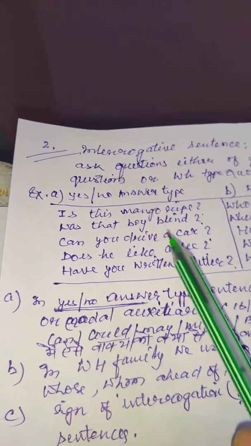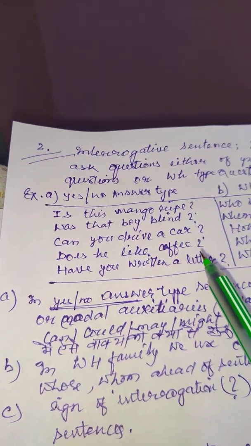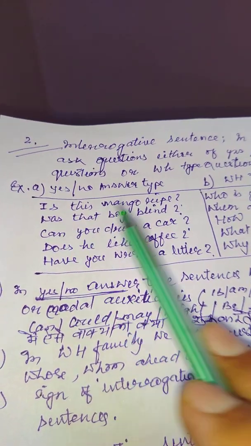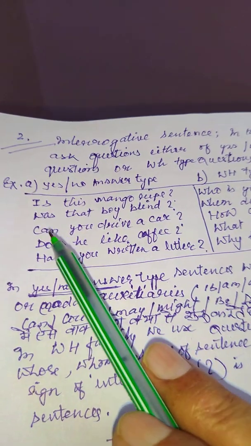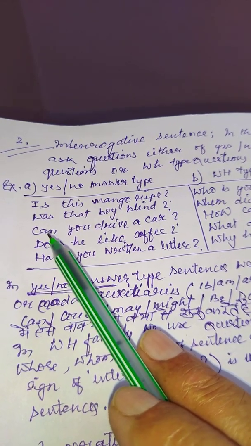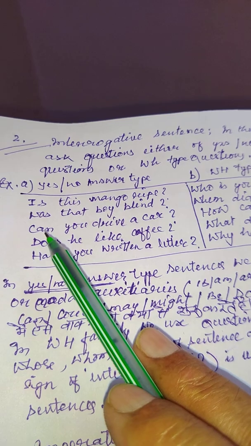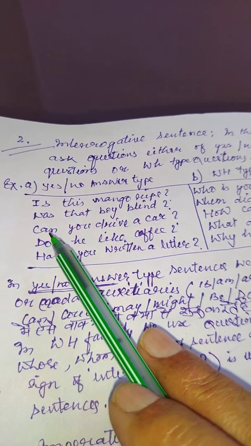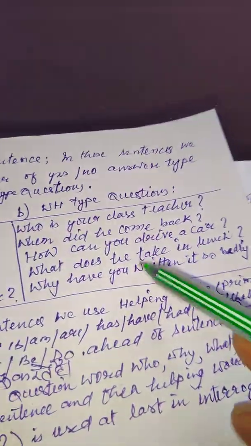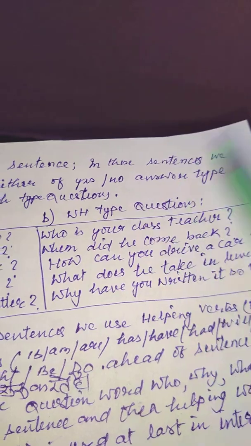In yes no type, normally question was raised by using helping verb ahead of the subject or auxiliaries can, could, shall, should, may, might also are used ahead of subject to make an interrogative sentence. And in the WH type questions, see how they form.